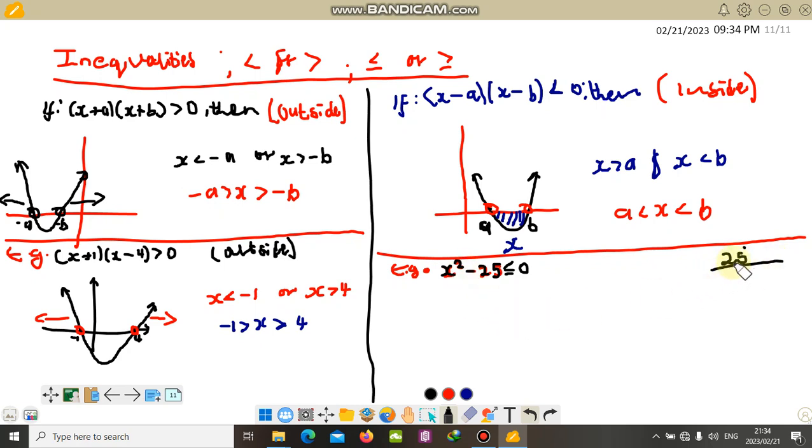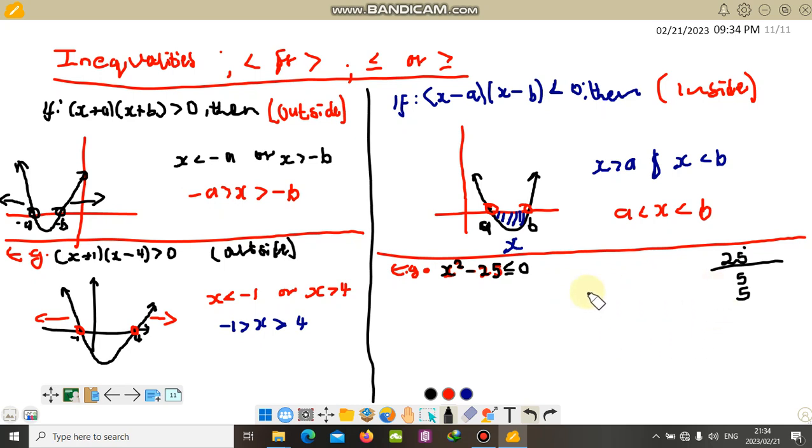What are the factors of 25 that when we multiply them give us 25, but when we add or subtract them give us 0, because b is 0? The factors are 5 and 5. 5 times 5 is 25, 5 minus 5 is 0.